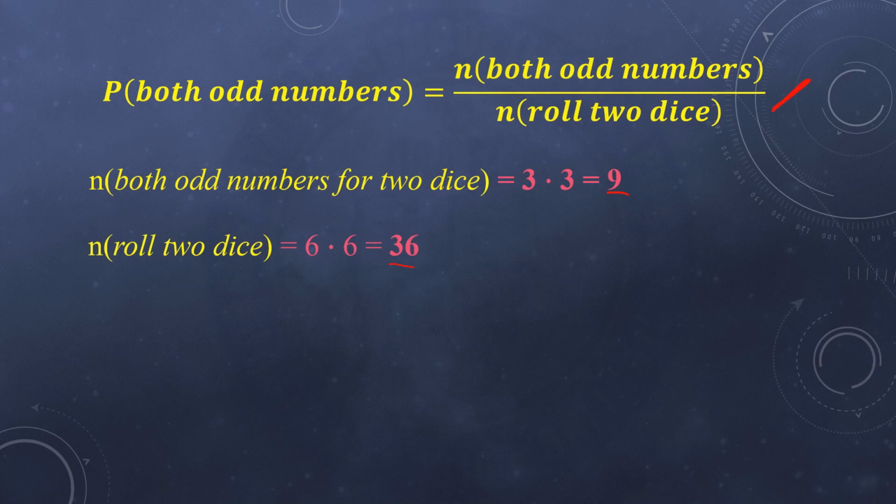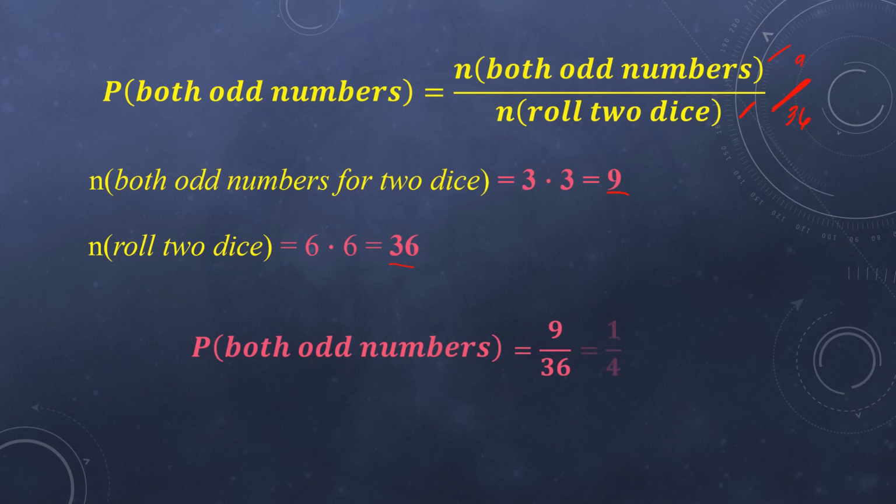And then we are going to substitute the values, which are 9 and 36. So we have 9 over 36. Or get its simplest form, and that is 1/4. As an interpretation, this means that there is 1 out of 4 possibilities that both odd numbers will turn up if 2 dice were rolled.